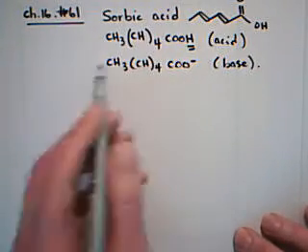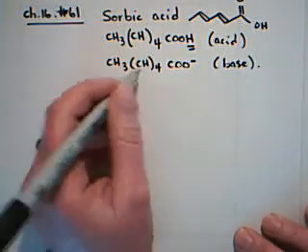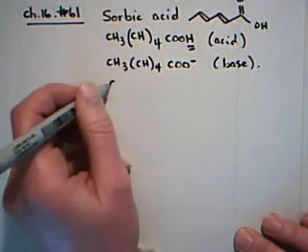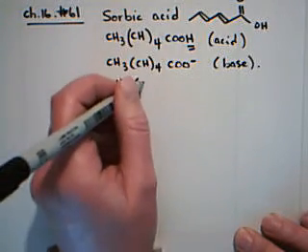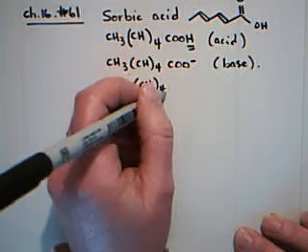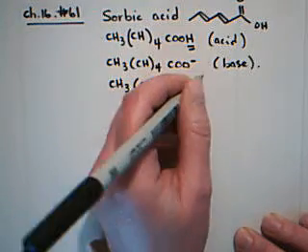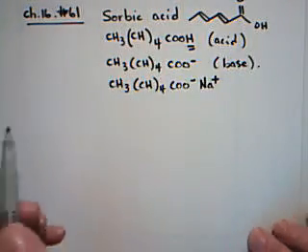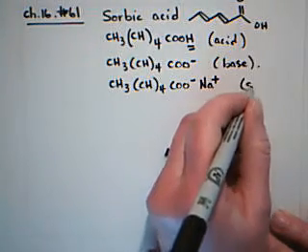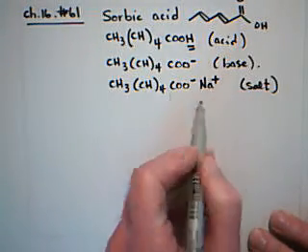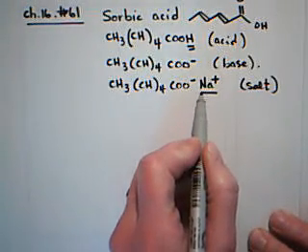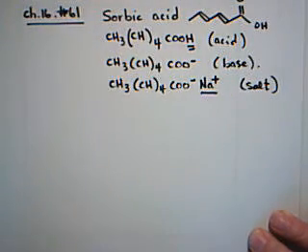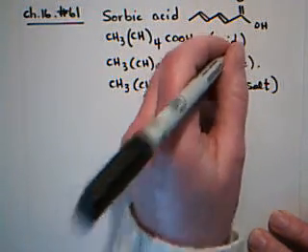So potassium sorbate, even though we write the cation first and then the anion, I want to put the two of them close together. So I'll write potassium sorbate, sort of as sorbate potassium. Okay, and that's my salt. Specifically, it's my potassium salt of the conjugate base of sorbic acid. So we see all the relationship.